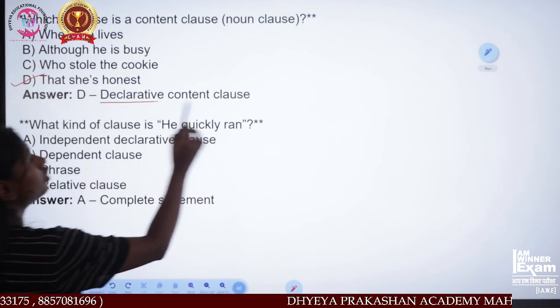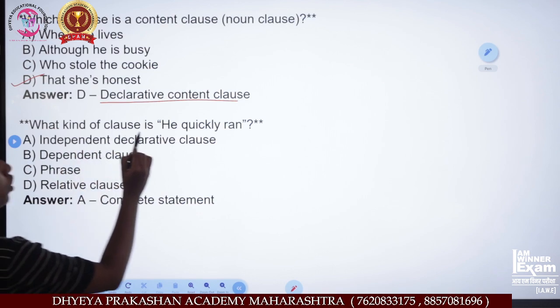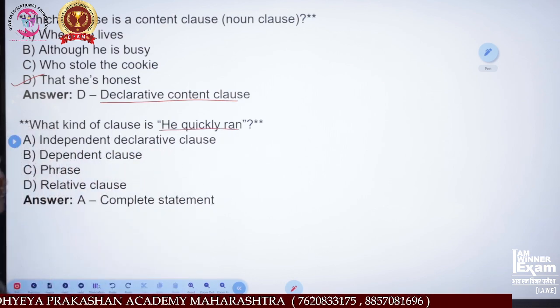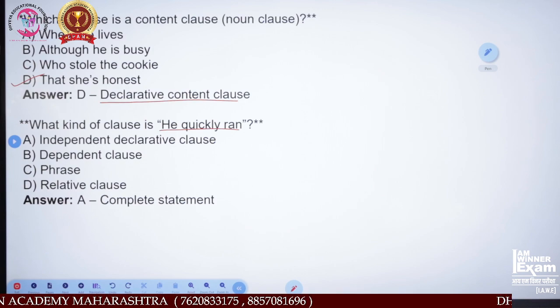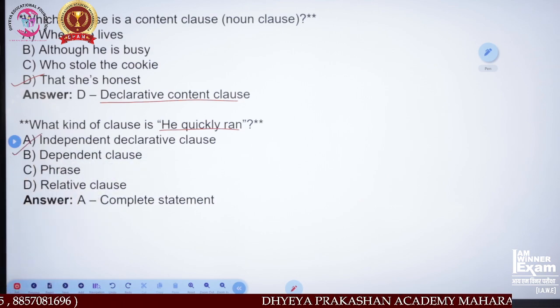Because it is a declarative content clause. Okay, then next. What kind of clause is "he quickly ran"? It is a complete statement, right? It is a complete sentence. So it is an independent declarative clause. Okay.